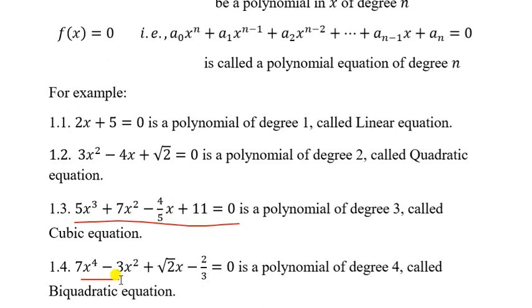These are the exact names of polynomial equations: linear equation, quadratic equation, cubic equation, biquadratic equation. And after the biquadratic equation, when degree 5, 6, 7 will come, you can say directly these are polynomial equations. Okay.